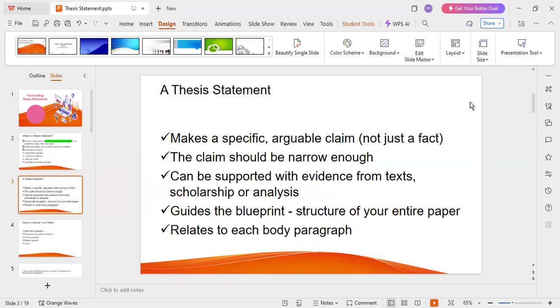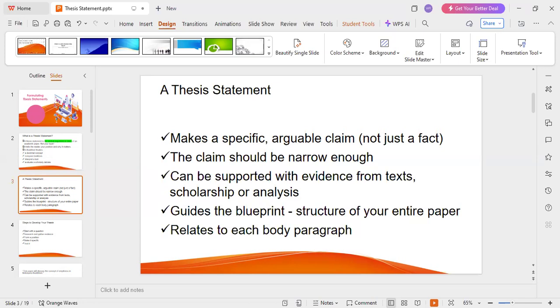If it is merely descriptive, if you are not questioning something, if you're not stating something new, then your research would be almost stale. Because your thesis statement should invite intellectual engagement. It should not invite just simple agreement, right? Then there is no point in doing research. So it should invite intellectual engagement.